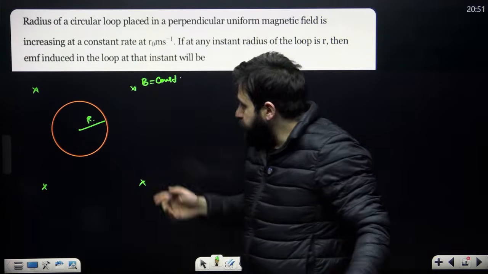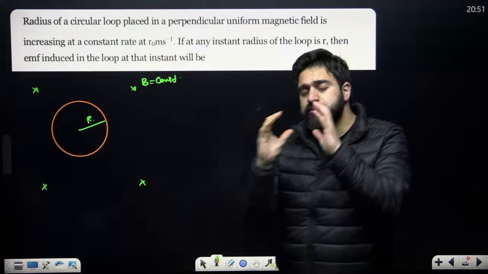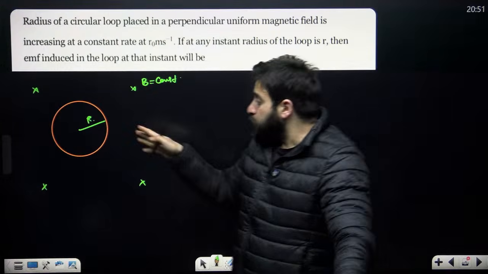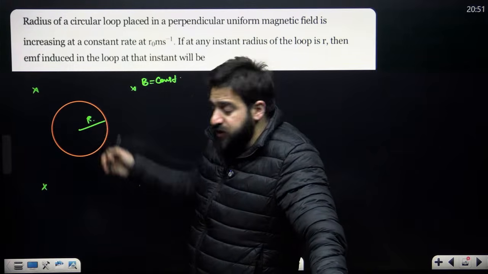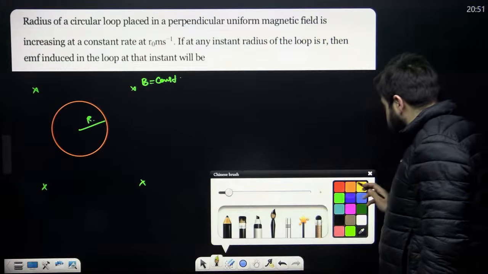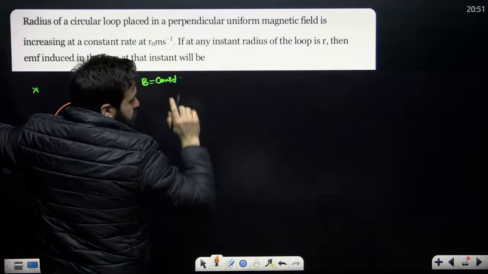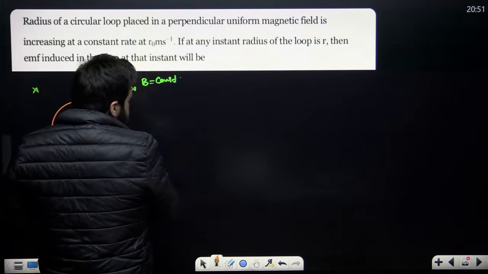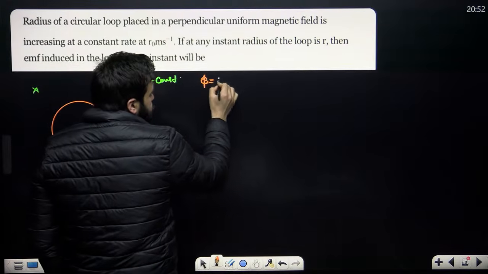Now tell me, magnetic field is constant, but radius is getting bigger. If the size of the ring is getting bigger, don't you think that more field lines are going to cross the ring? Will the flux remain the same or will it change? Flux will change. Guys, listen to me very carefully. Flux is going to change because flux is magnetic field into area.